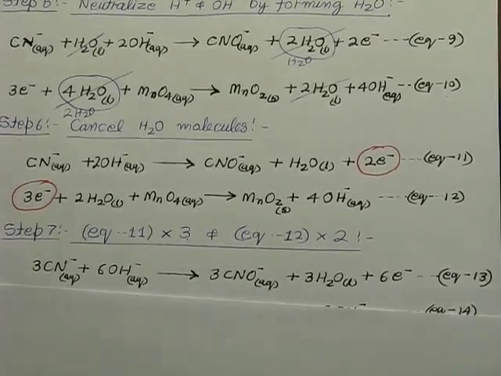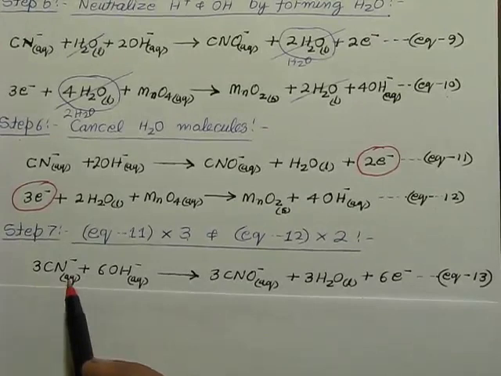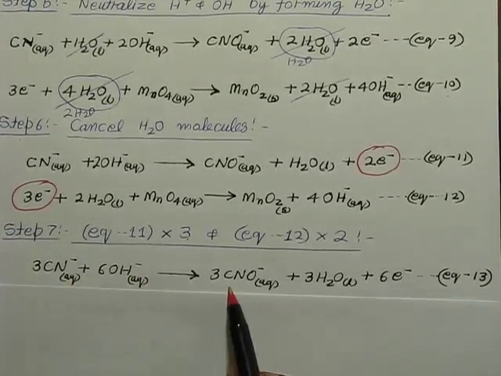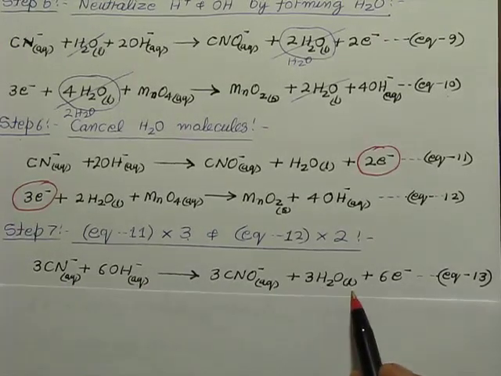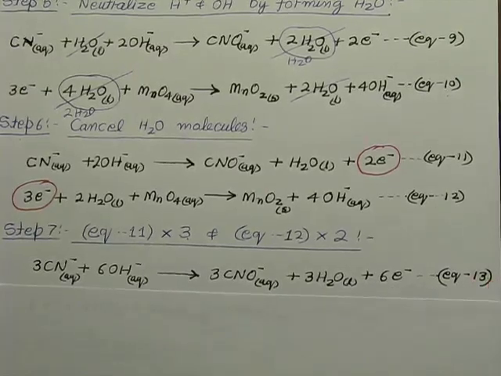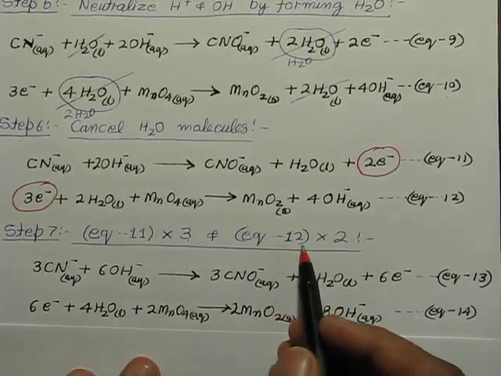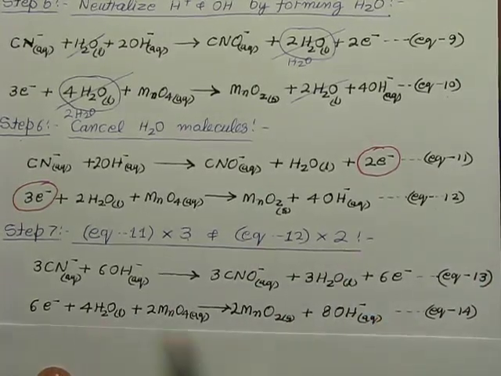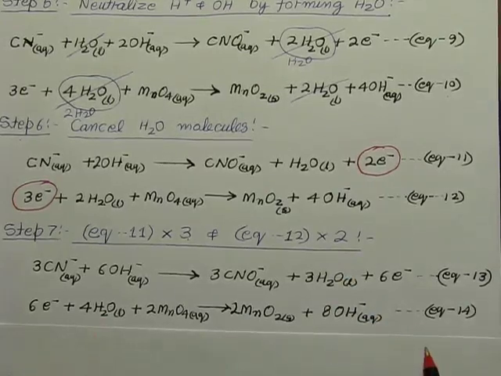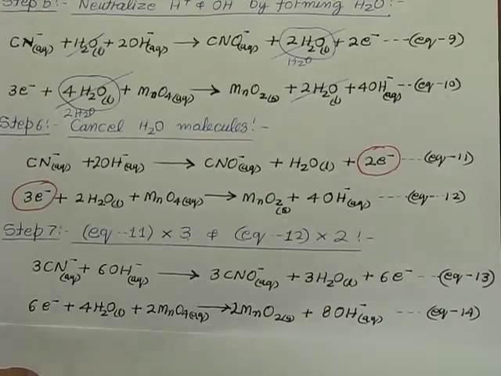So then it will become 3 cyanide and 6 OH, 6 CNO and 3 H2O plus 6 electron. So this will become equation number 13, and if you multiply equation number 12 by 2, this will be equation number 14. So now we are almost done and everything is balanced.